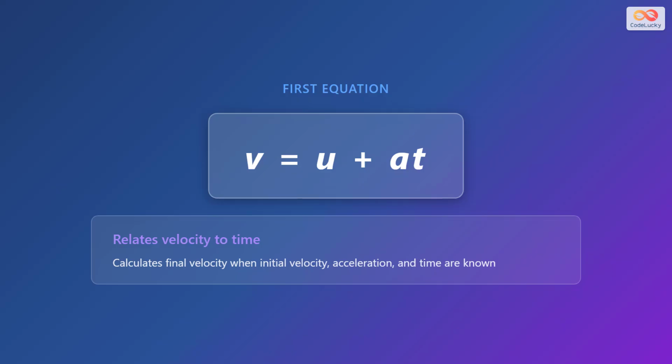For example, if a car starts at 20 meters per second and accelerates at 3 meters per second squared for 5 seconds, you can easily calculate its final velocity. This equation works for both positive acceleration, where objects speed up, and negative acceleration, also called deceleration, where objects slow down.